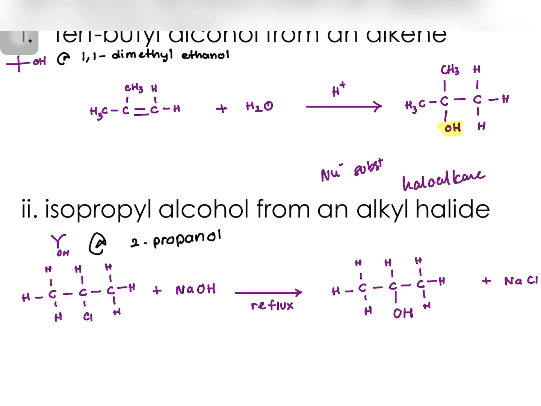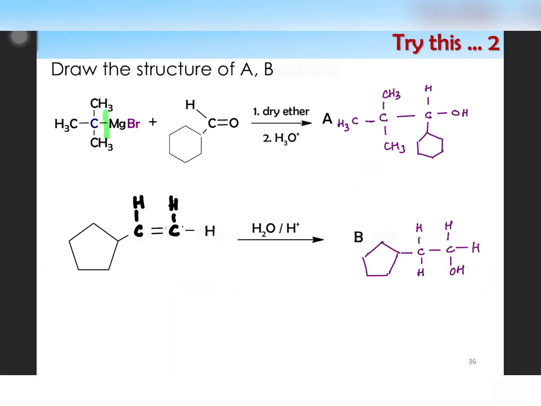Any halogen lah, sebab dia tak specific. So I use this as the strong nucleophile, NaOH, and Cl as the halogen. Okay, so just gantikan dekat position ini dengan halogen, any halogen of your choice, and tulis dia punya side product NaCl.